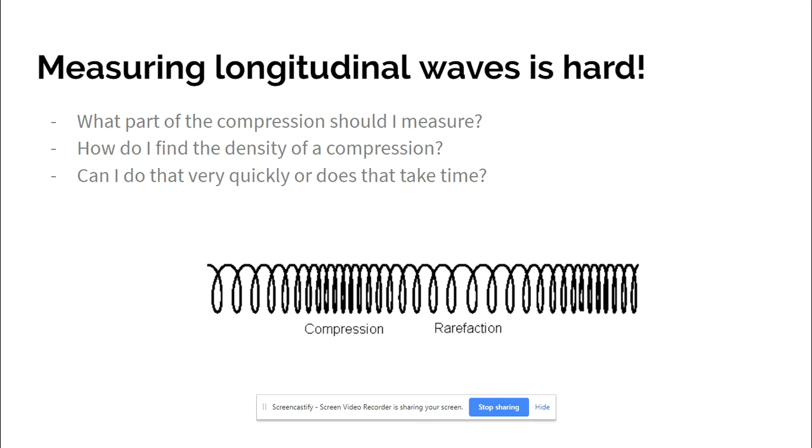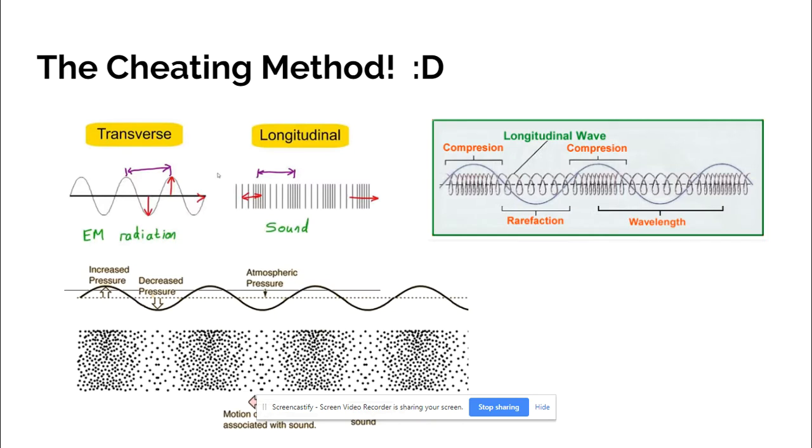All right, so scientists understand this. Measuring the longitudinal wave is hard, so they do what anyone would do. They cheat. They totally cheat. They noticed something about longitudinal and transverse waves after studying thousands, if not millions, of diagrams.